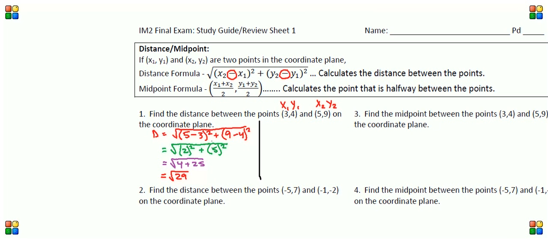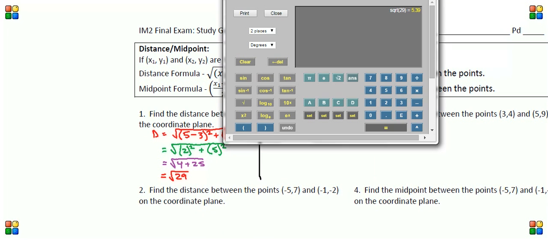But many times on a multiple choice or in the instructions for a problem, they'll ask you to round it to a decimal answer. So let's do that. Plug square root of 29 in our calculator, and we get, rounded to 2 places, 5.39.